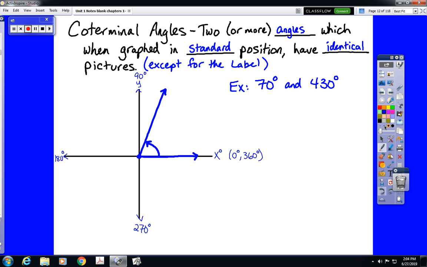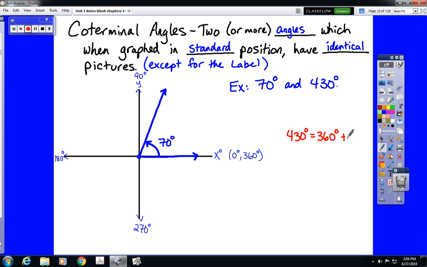Now, interestingly, 430 degrees, well, we need to keep in mind that 430 degrees is more than one full rotation. One full rotation is 360 degrees, and then we would have, oh look at that, another 70 degrees to rotate.